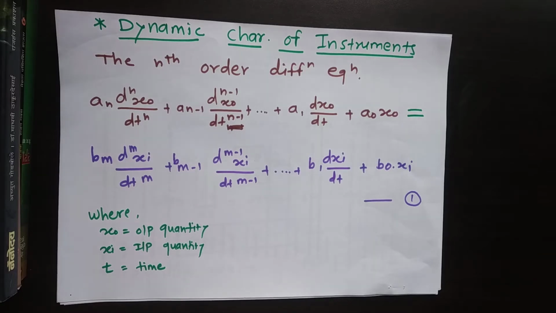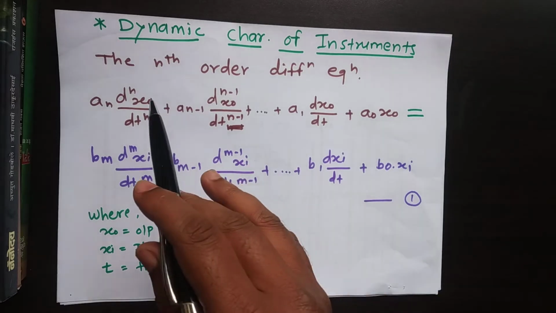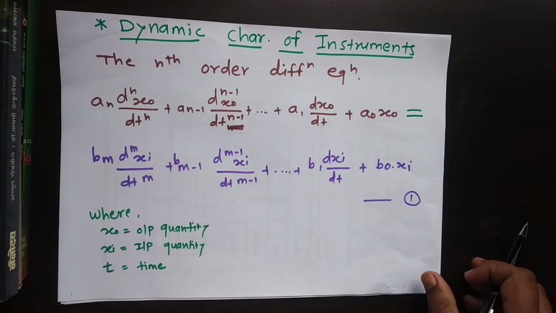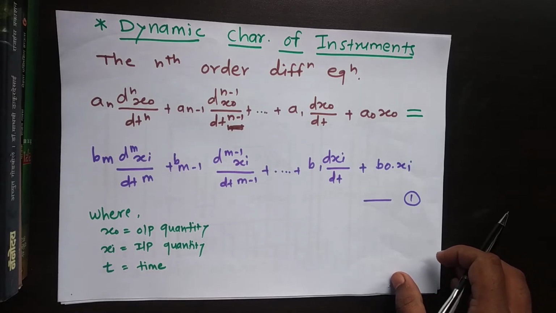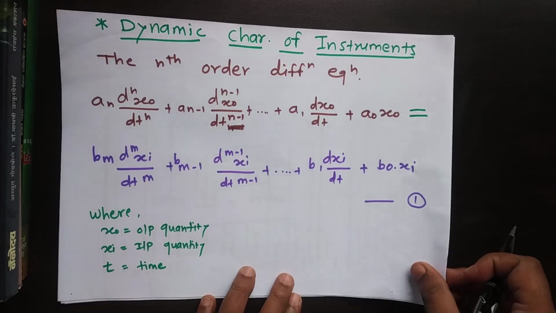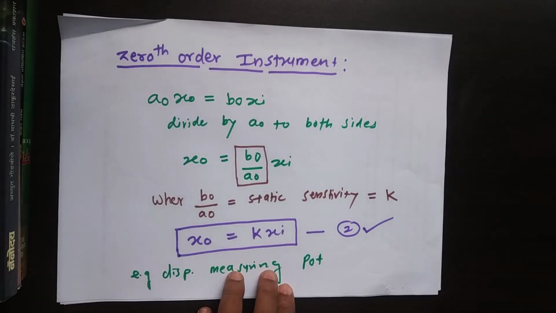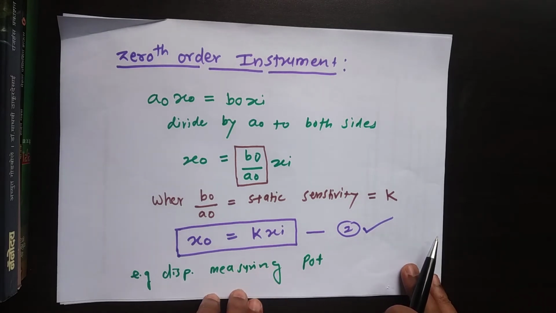This is the nth order differential equation given here, where x0, xi and t are the output quantity, input quantity and time respectively. Based on this equation, we derived the zeroth order instrument.